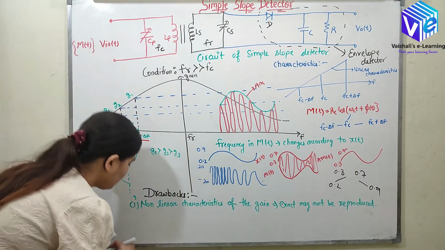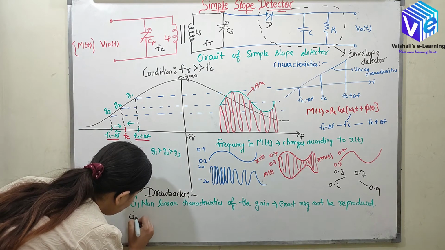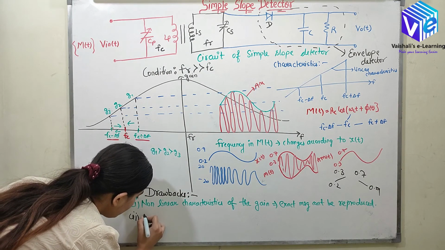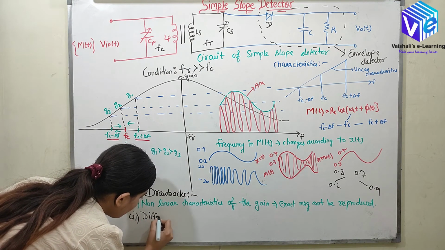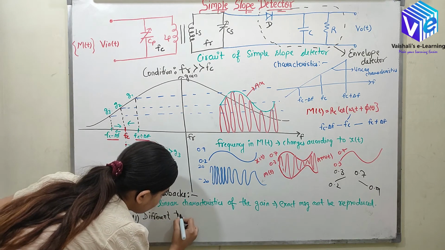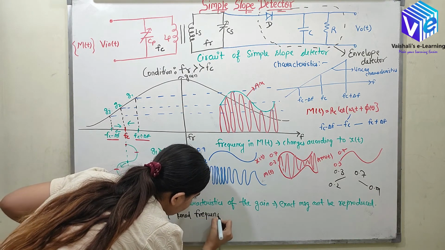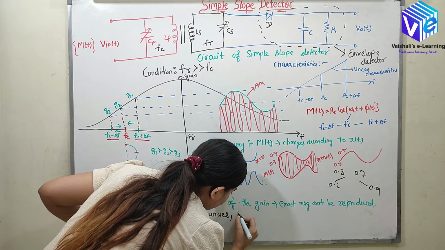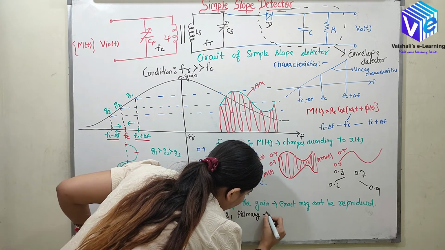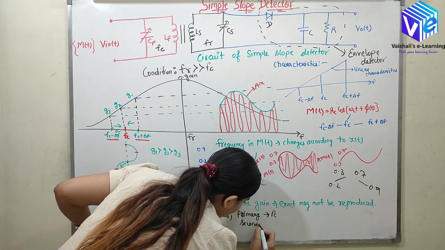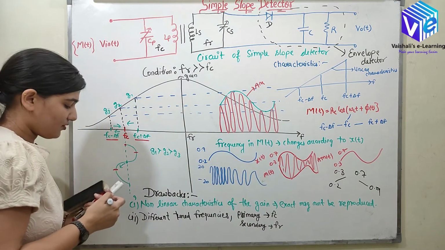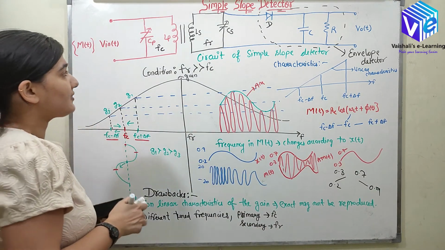Now if I talk about the second drawback, the second drawback is due to the different tuned frequencies. So now here we have two tank circuits.